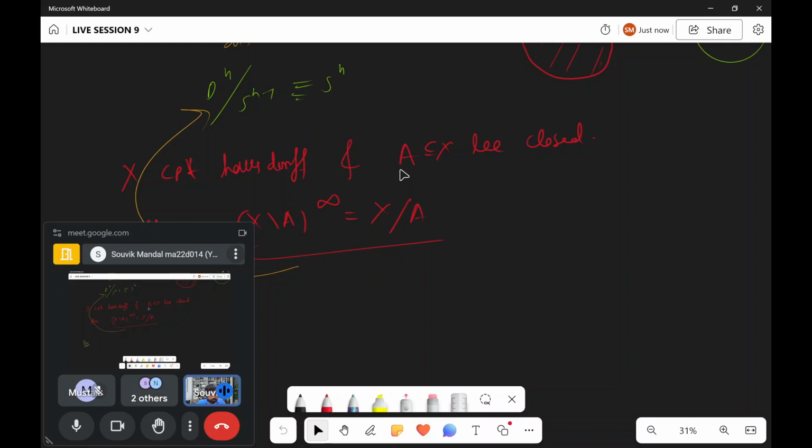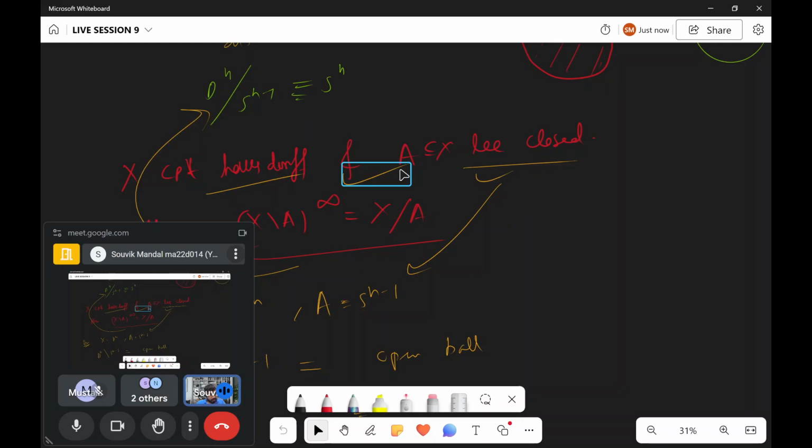This proof I'm not going to do in detail. So take X to be the disk Dn and A to be S^(n-1). All the previous conditions are satisfied for this example. Now we need to find Dn minus S^(n-1). This is the open ball, which is homeomorphic to Rn.